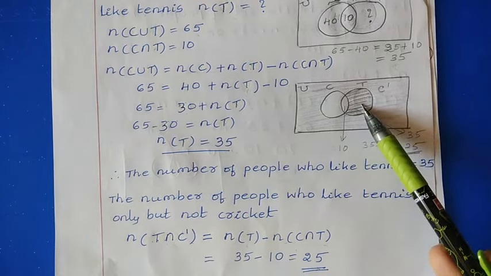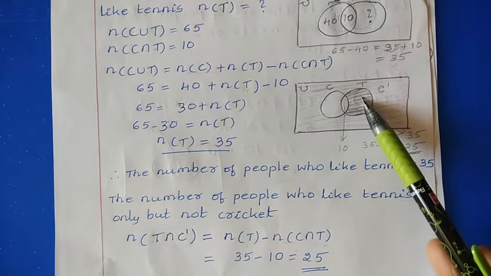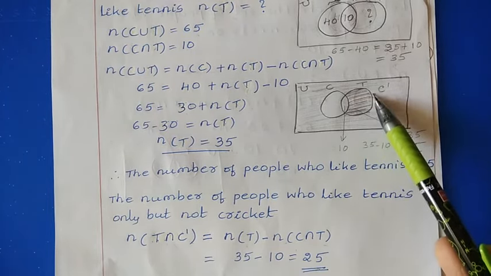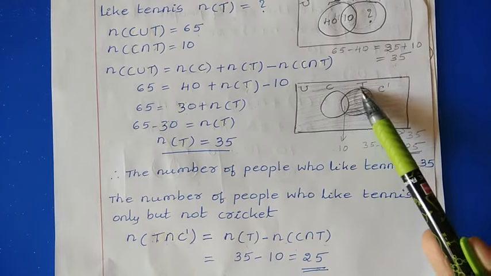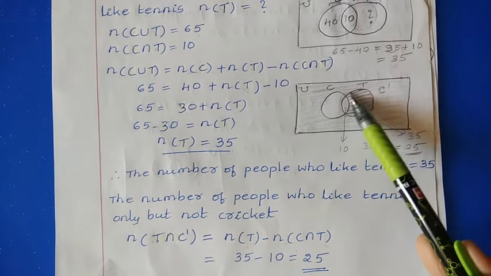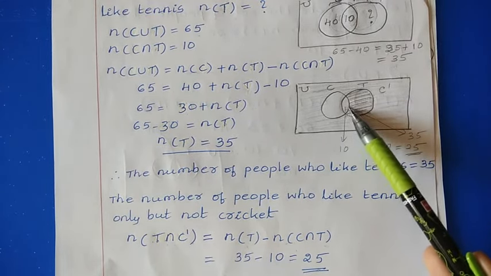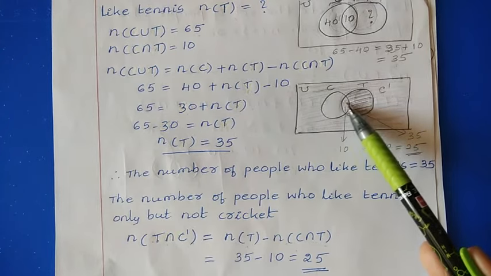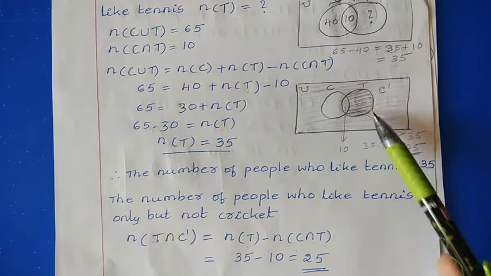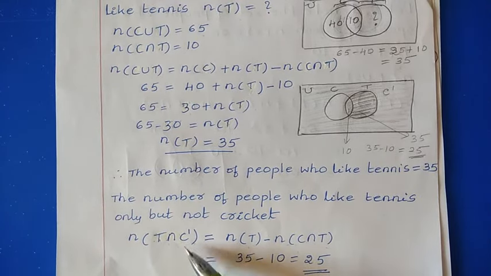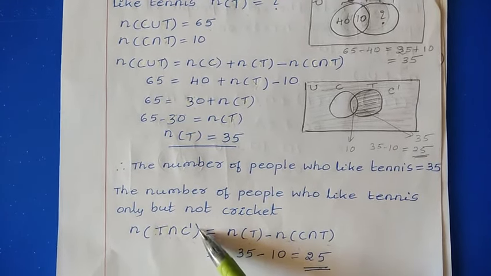And this area is nothing but N of T minus N of C intersection T. From this area, if you deduct this intersection part, then you get this part only. That is nothing but N of T intersection C complement. So that's about the 7th question.